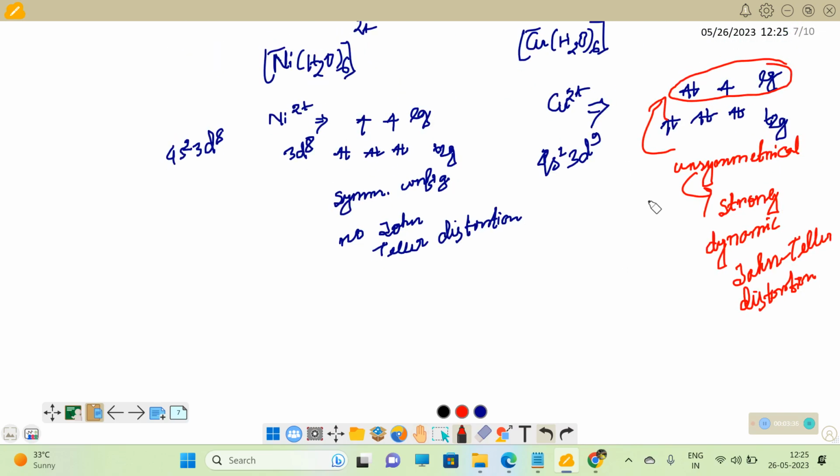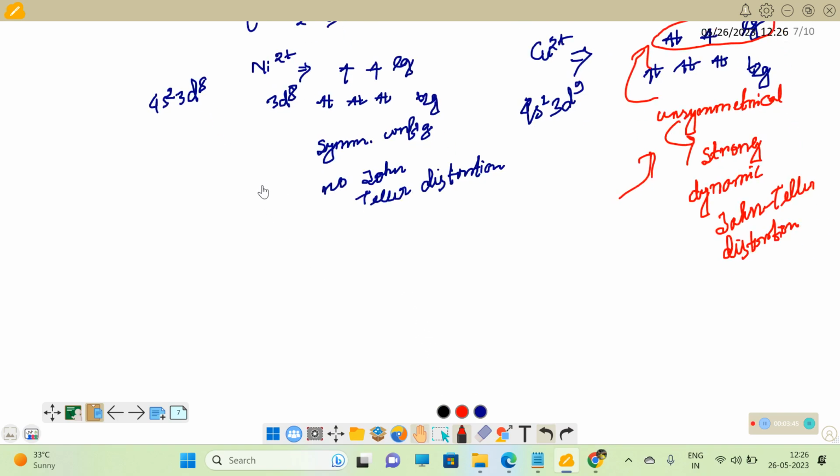So what will happen for this Jahn-Teller distortion, and what will happen when there is no effect of Jahn-Teller distortion? The complex will be like this.